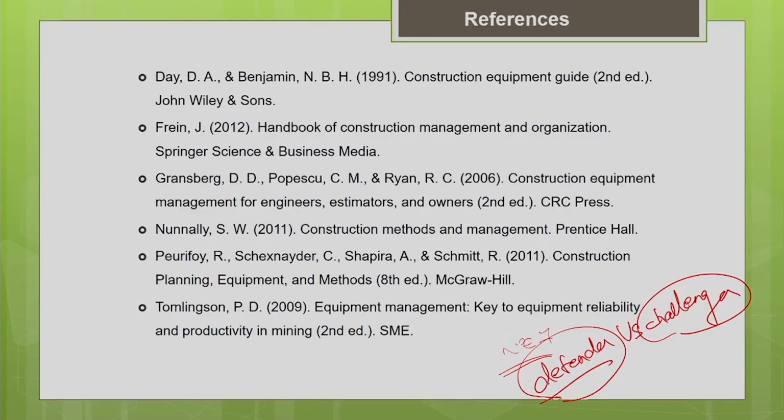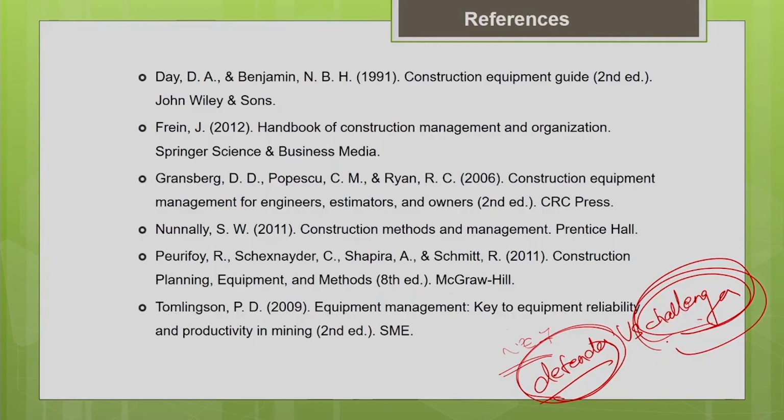Now that we have determined the optimum replacement time for the current machine, you have to see what is the best alternative available for replacement, whether the Challenger is suitable for replacement or not. By comparing the cost of the Defender and the Challenger, we will decide whether the Challenger is suitable, and we will also see the optimum replacement of the Defender with the Challenger.